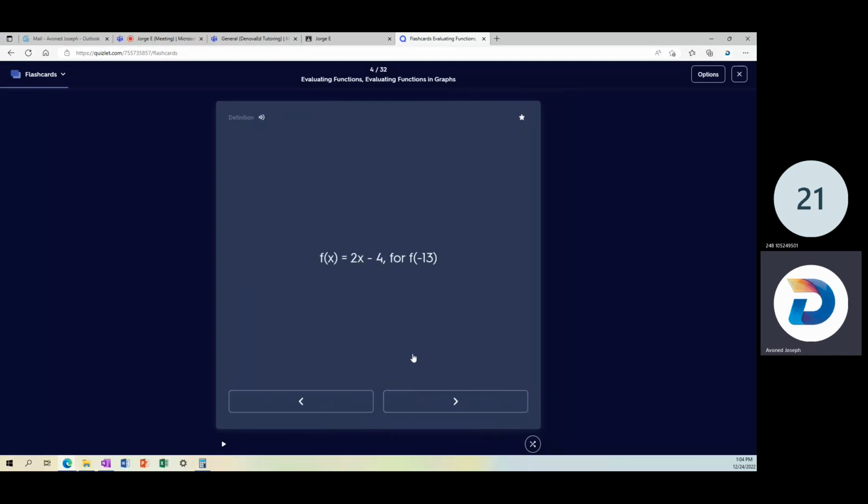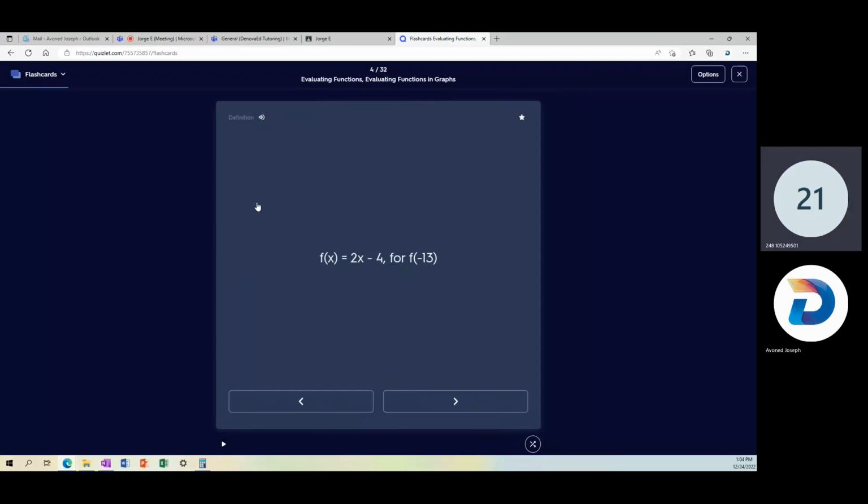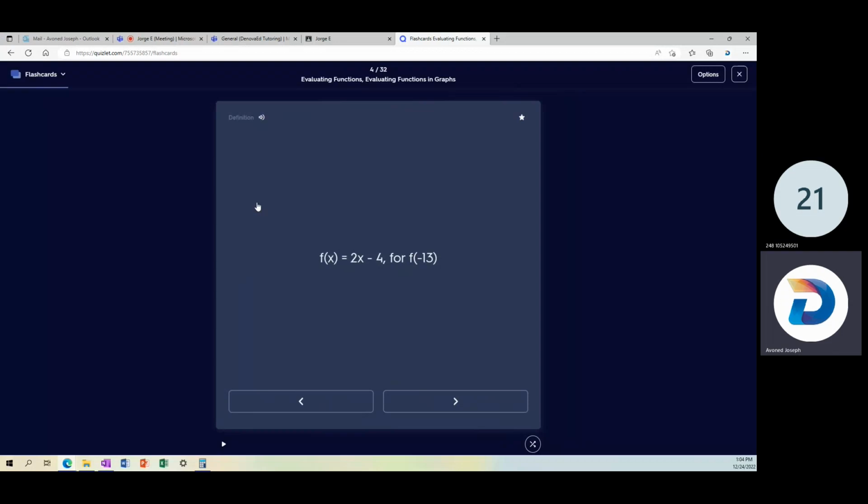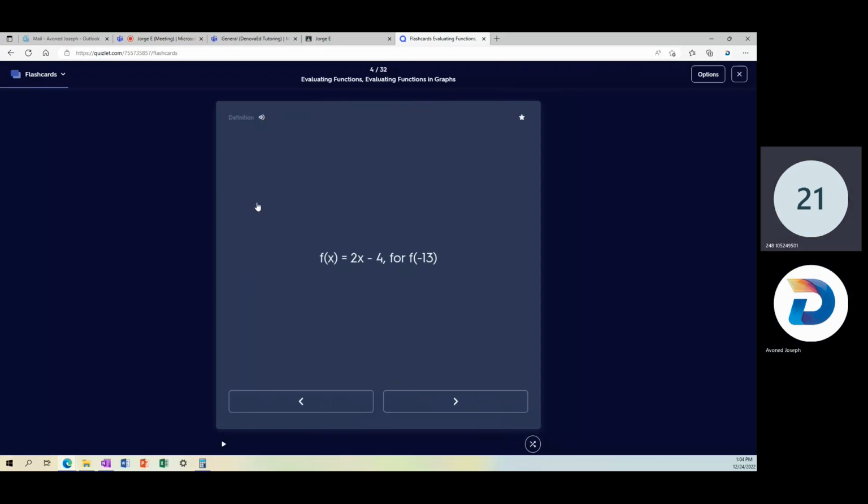Let's try the next problem. This is the next one. Write it down and let me know when you're ready. Make sure you have the f of -13 part written down too.